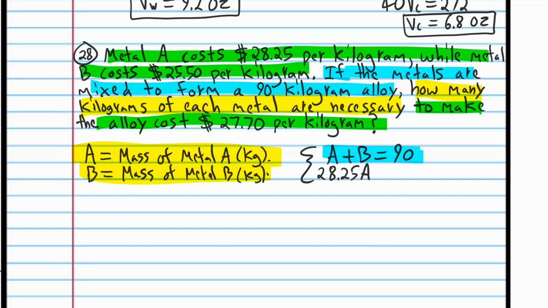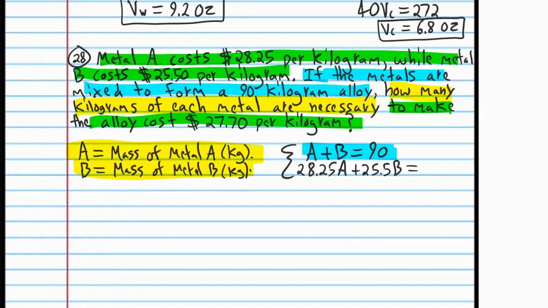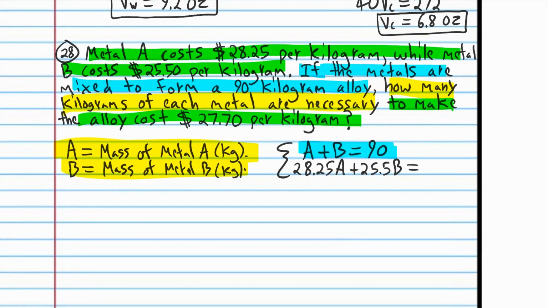That gives us the amount of money that we're going to pay for metal A. And then we add that to the amount of money we're going to pay for metal B. And that is equal to the total amount of money for 90 kilograms of the final alloy.